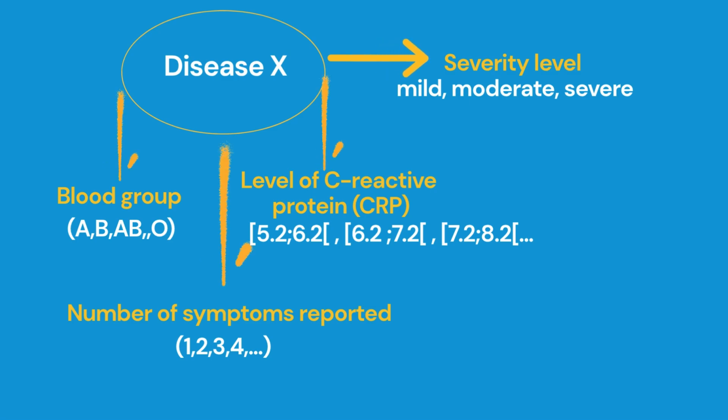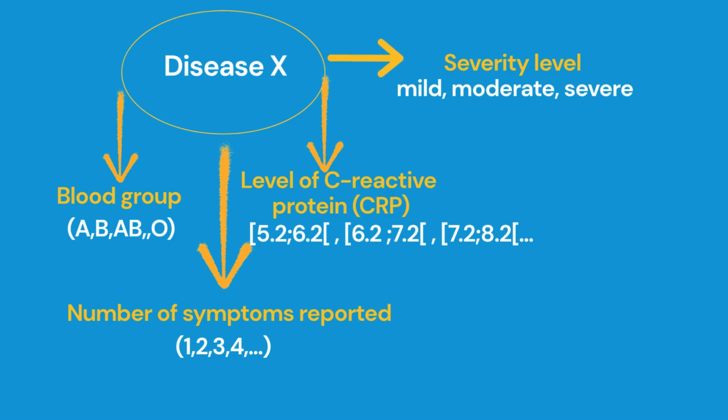Now, take a moment to observe these variables. What do you notice? The nature of the values, what we call the modalities, is different for each one. Take as an example blood group, which has values like A, B, AB, or O. These are qualities, not numbers, and there is no logical order. So that's a qualitative nominal variable. Number of symptoms, on the other hand, gives values like 1, 2, 3, or 4. These are countable and separate numbers.